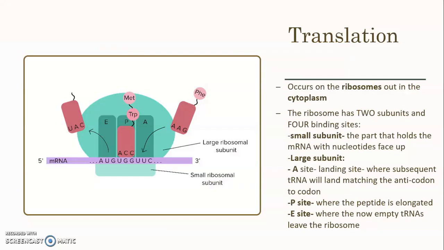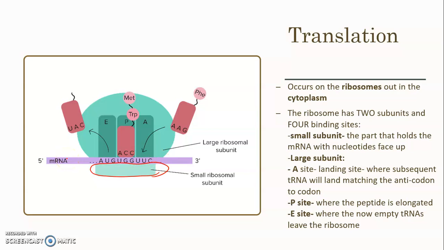Okay, so translation, again, it occurs on the ribosomes out in the cytoplasm. The ribosome has two subunits that have 4 binding sites total. The small subunit, which is this part right here, is going to hold the mRNA, which is shown in purple.